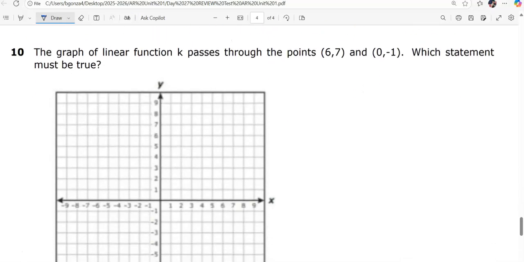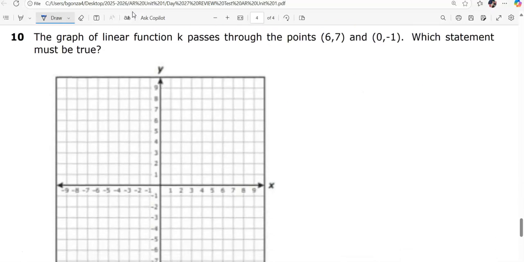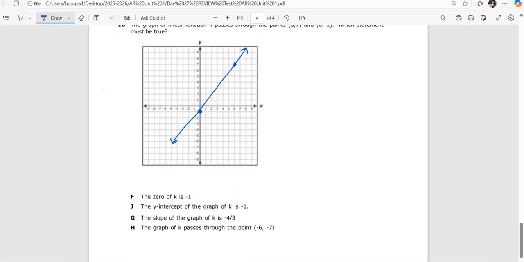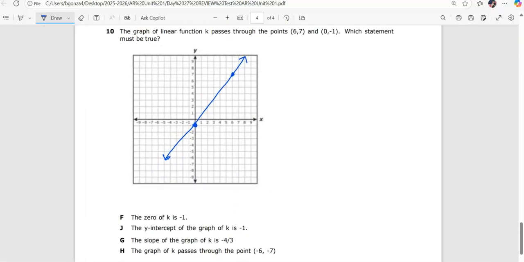All right, number 10. The graph of the linear function passes through points (6, 7) and (0, -1). You can make a nice straight line through those two points. Then answer these questions.